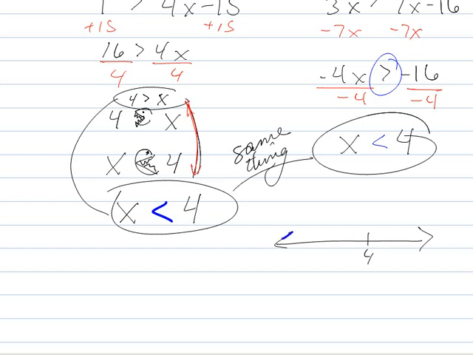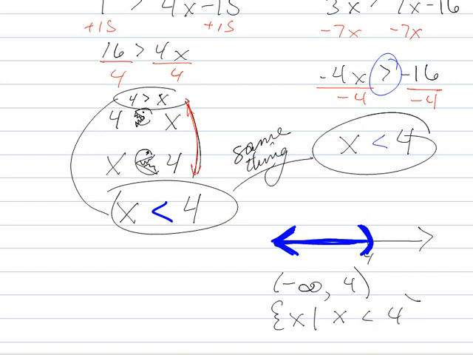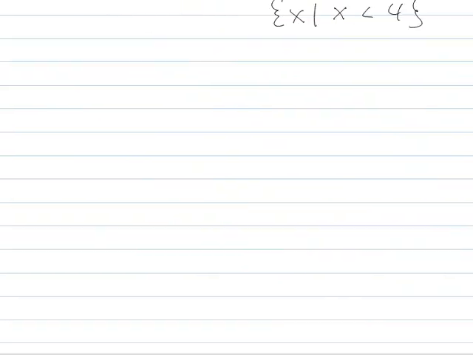So I'm going to go this way because it's less than 4, so it's a parenthesis. To write it in interval notation, negative infinity to 4. And in set notation, it's x such that x is less than 4. Funsies, yay! Okay.